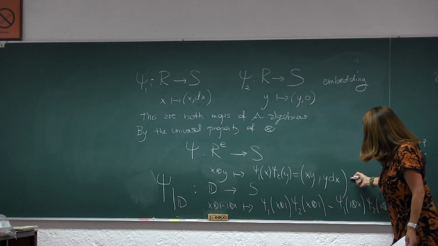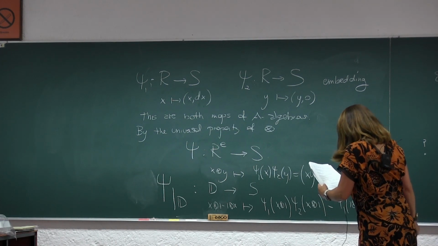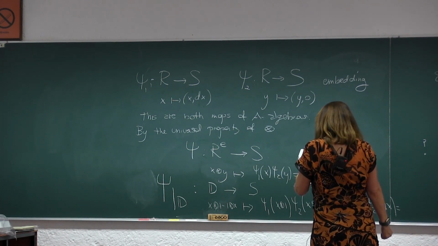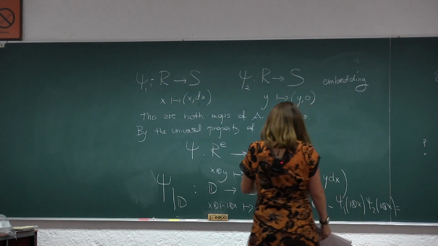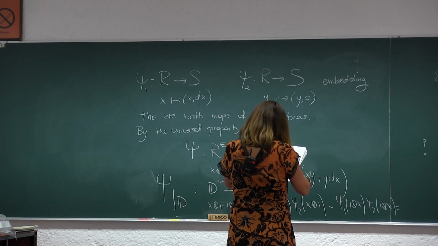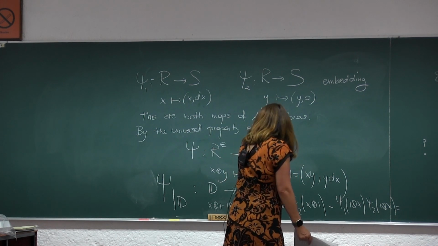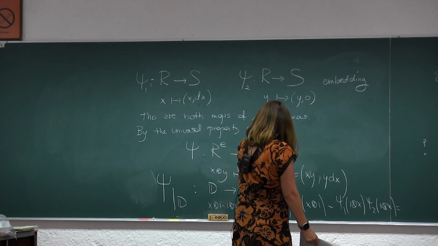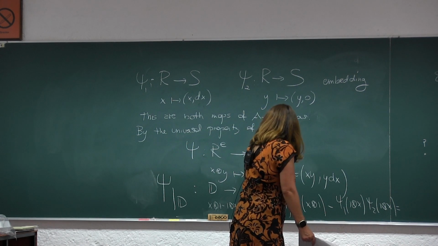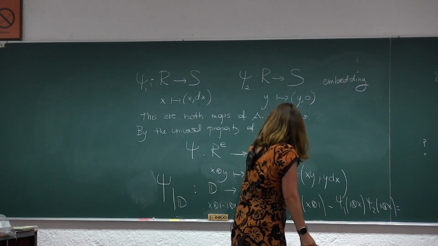Just apply this rule. Maybe I didn't write it correctly. Guys, did I not do it correctly? Yes. So in the first component, I have x tensor y, so I should do the product of the two, and you get x squared.